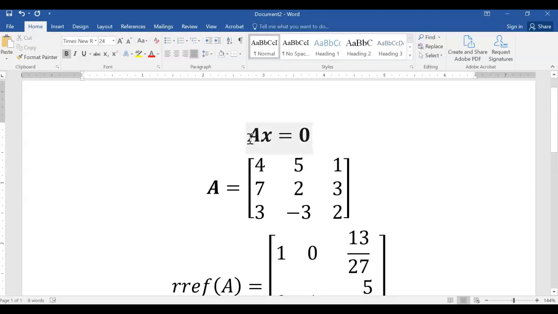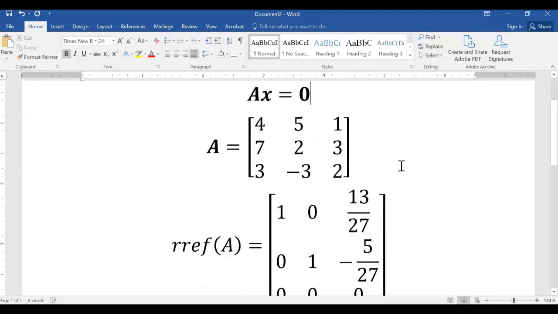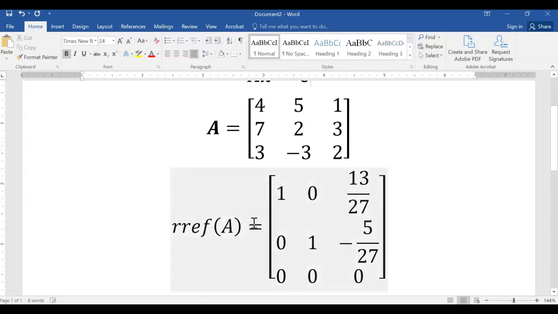So we're trying to figure out all the solutions for x and what all the solutions for x look like. So we're going to solve this homogeneous matrix equation. To do that, we row reduce. We end up with this.